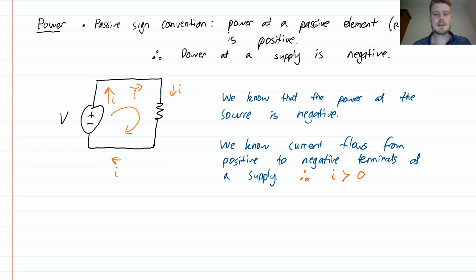So that tells me that I is positive. By the way, in doing this, I'm assuming that the voltage is positive as well. If the voltage is negative, then of course the current will go the other direction. But I'm assuming for a positive voltage on the power supply, the current will be positive in the direction that I've drawn it. That's the definition of conventional current.